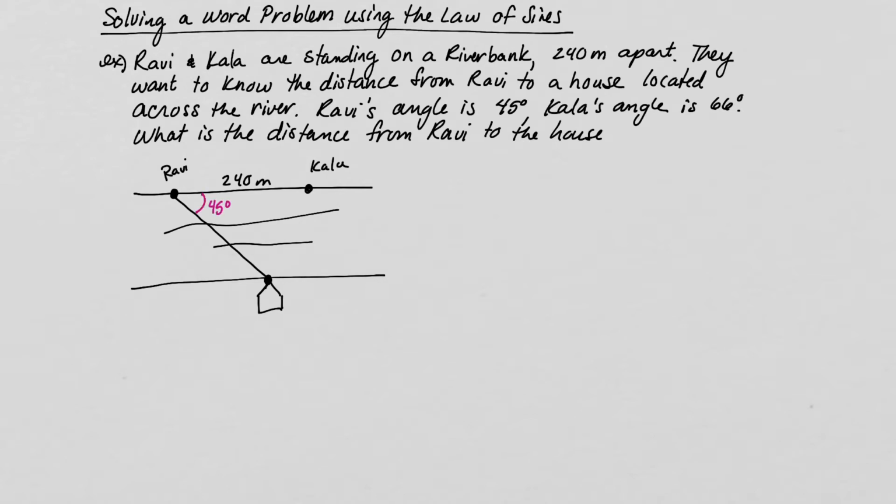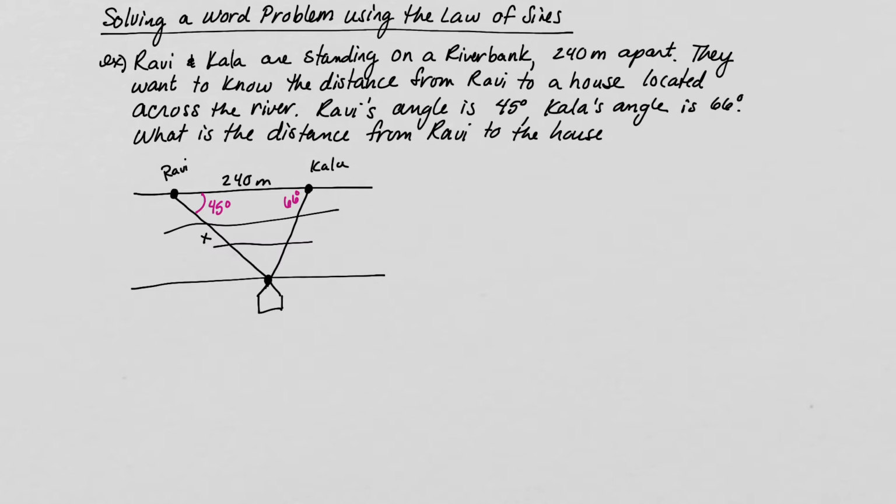And then it says Kala's angle is 66 degrees. So if we go this way, Kala's angle is 66 degrees. And we want to know the distance from Ravi to the house, so we're looking for this distance here.